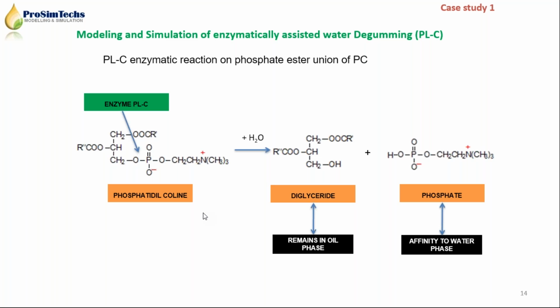This new species, let us call it phospholipid, but it is a phosphate, has a much lower emulsifying effect. So what we are going to achieve here is a much lower loss of oil due to the emulsifying effect, and then we are going to have a certain gain in terms of diglyceride from the phospholipid on which the enzyme is acting. So in a way, this is an additional oil gain.